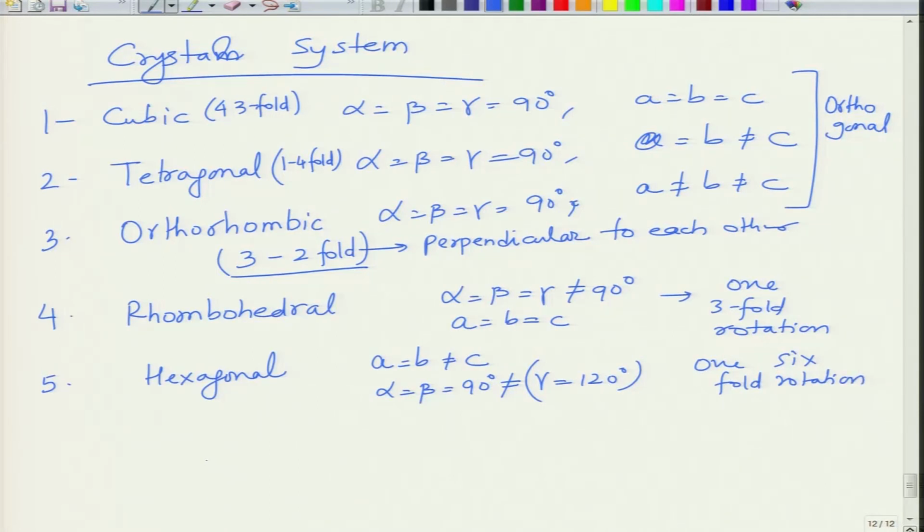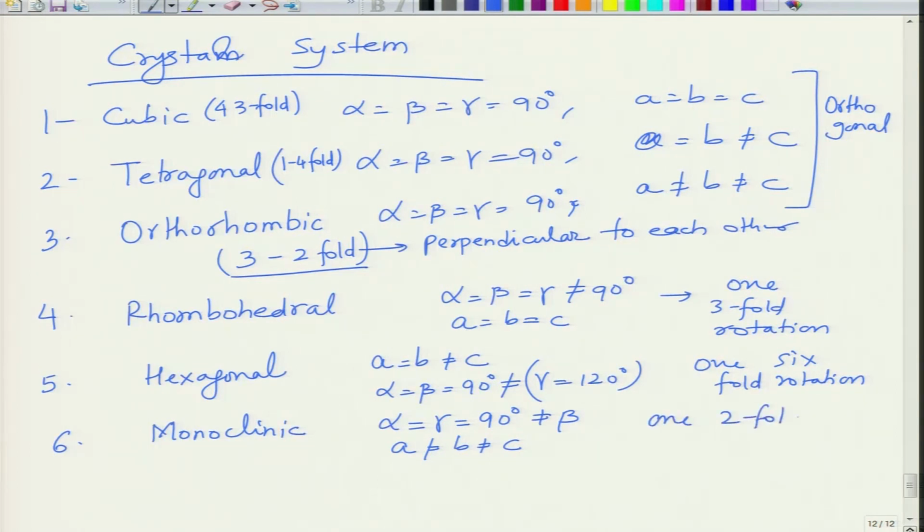And then finally 2 more choices. Sixth one is called as monoclinic, for which alpha is equal to gamma is equal to 90 degree is not equal to beta, and A is not equal to B is not equal to C. It must have 1 2-fold rotation axis.